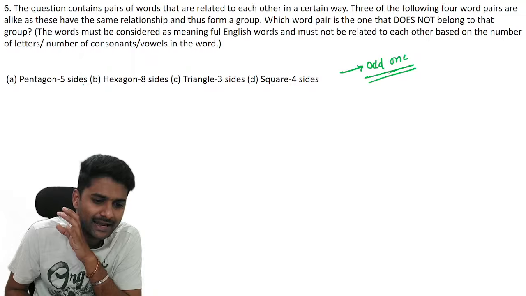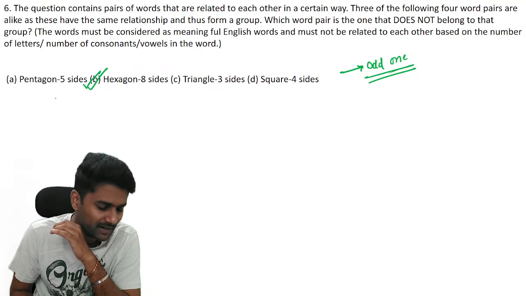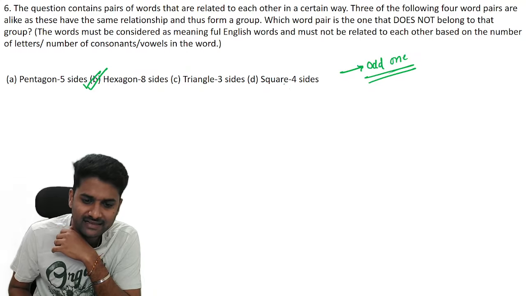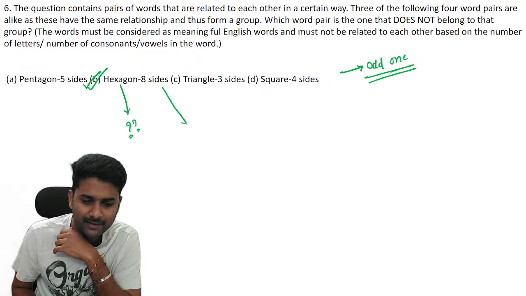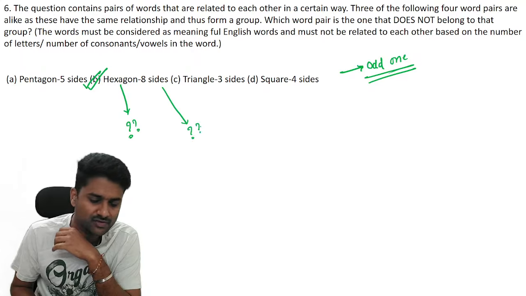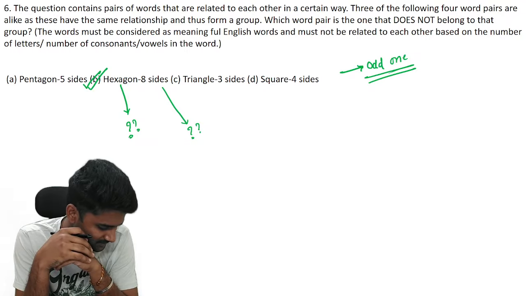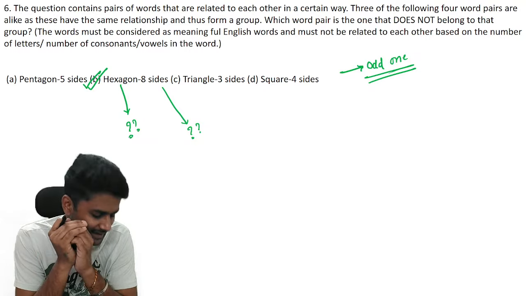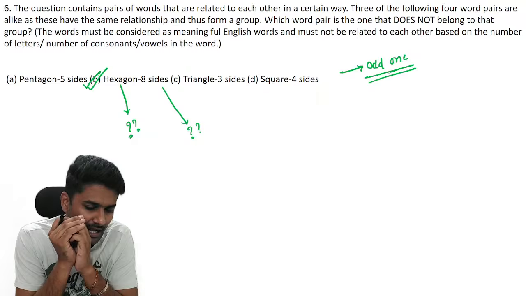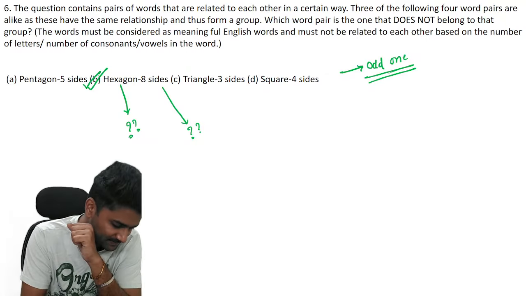Yes, hexagon with 8 sides is different from the remaining. Why? Because the number of sides for pentagon is 5, triangle 3, square 4. Now tell me, how many sides does a hexagon have, and what is the terminology if a figure has 8 sides?